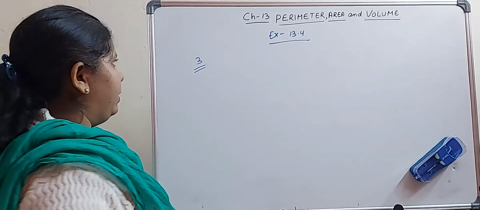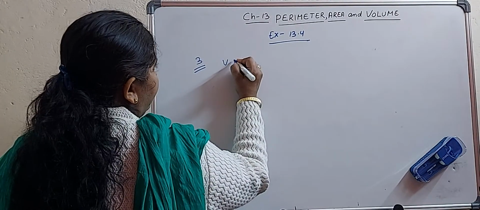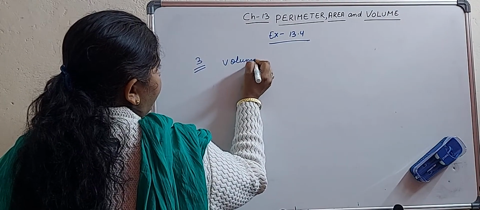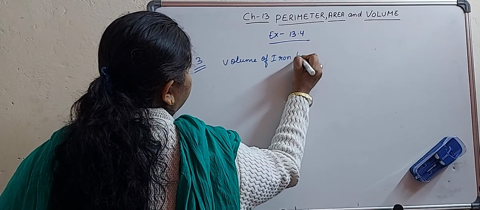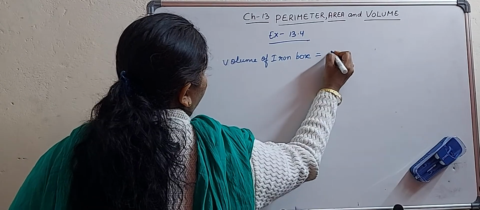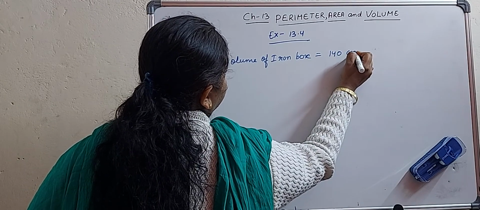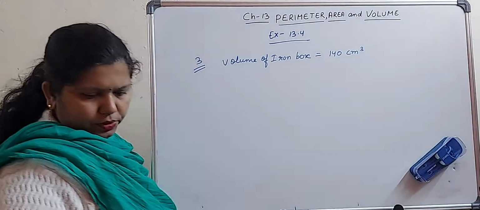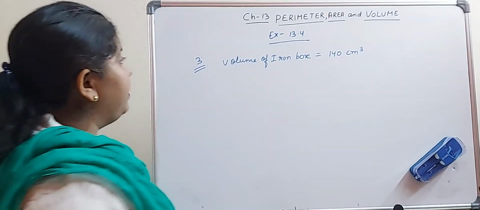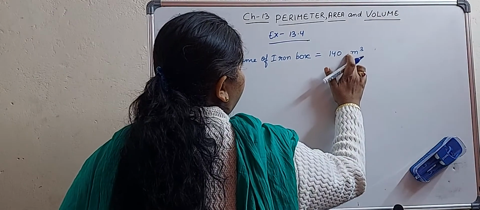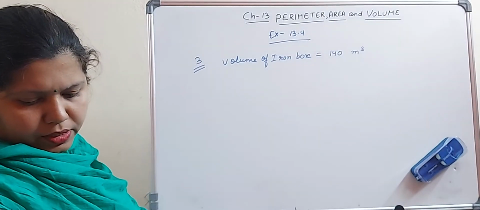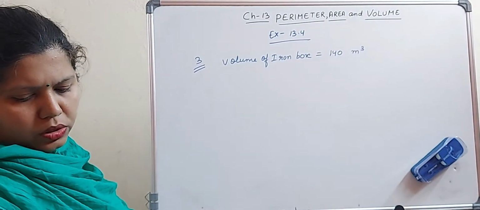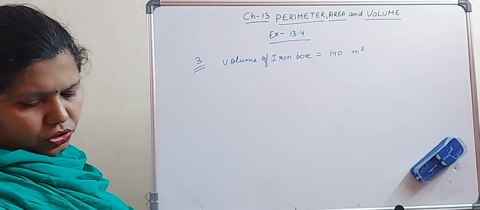This is the first statement. So you write down the same thing in your answer also. Volume of iron box equal to 140 centimeter cube. Sorry, it is meter cube, not centimeter cube. Write down meter cube. Now the next statement is, breadth and height of the box is 7 meter and 2 meter.